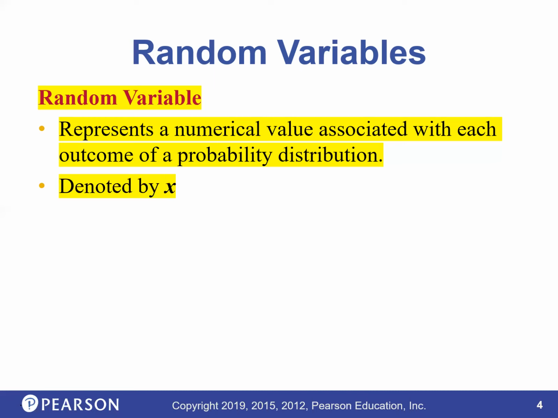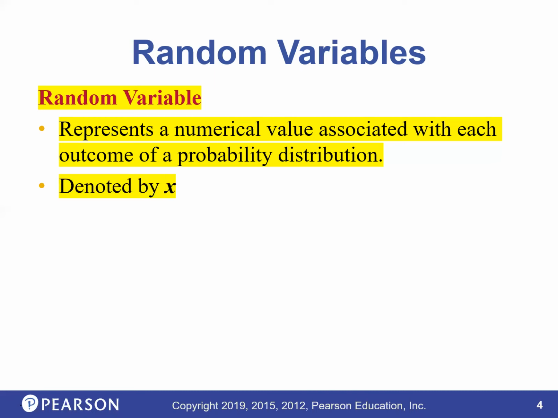That's the broad definition: a random variable is just an X we associate. We've been doing that all this time, right? If you roll a die and you get a 4, then 4 is your random variable.